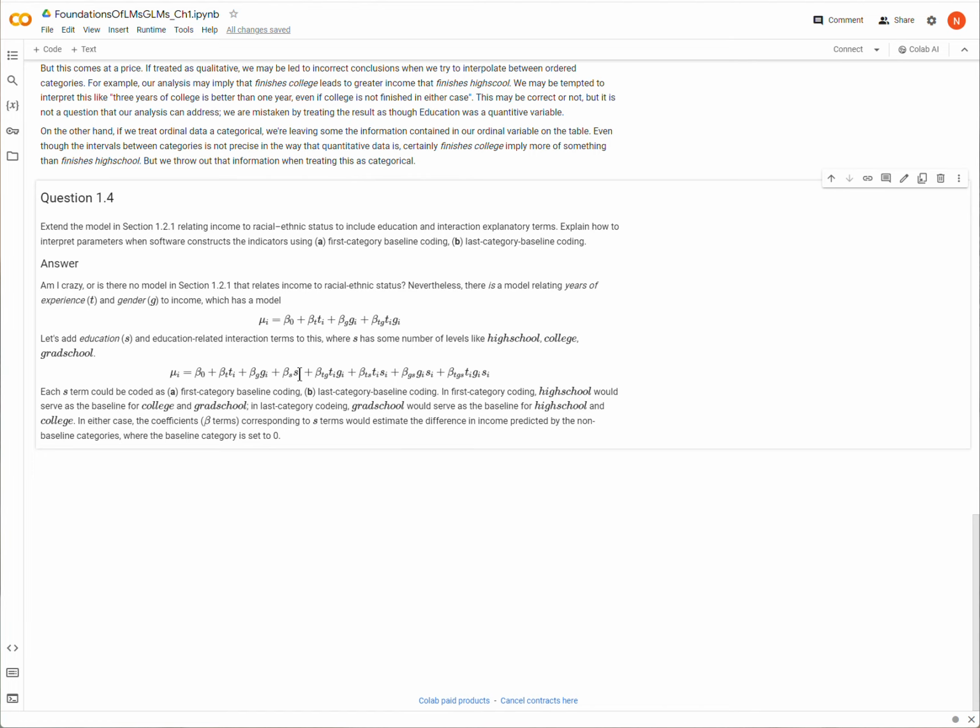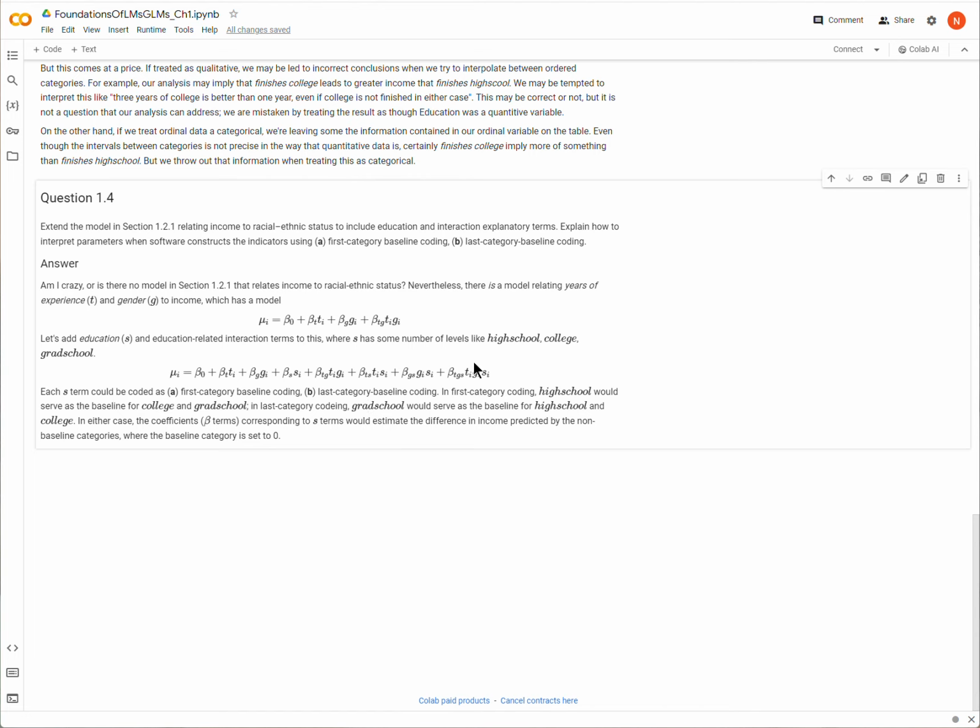That means that whenever we come to an S term and its corresponding coefficient, here beta S, what beta S is doing is estimating, I'm going to call it effect because it's easier language, but it's not really effect, it's again predictive capacity, the effect of college on income, where college might be considered kind of like 1, setting the effect of high school to 0. Right, because high school is the baseline, if that makes sense.